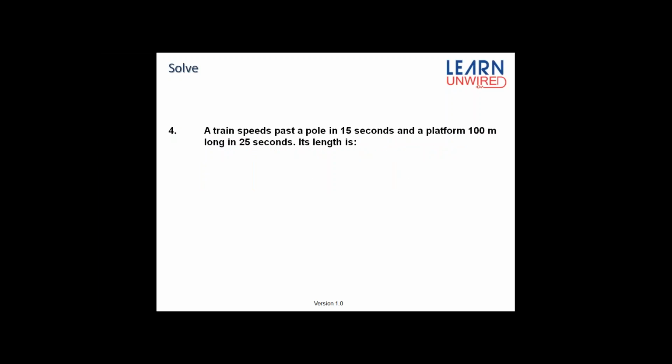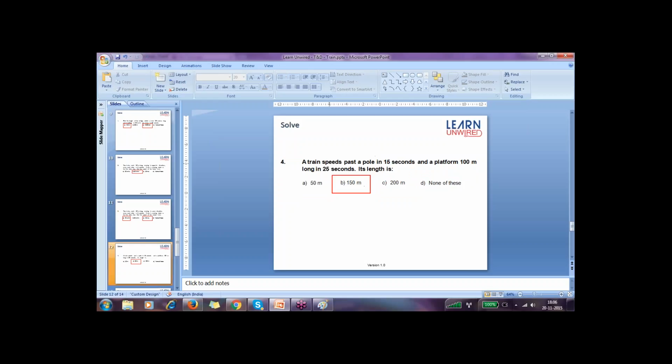Let's see this problem. A train speeds past a pole in 15 seconds and a platform 100 meters long in 25 seconds. What is its length? Okay. Let's do this problem.